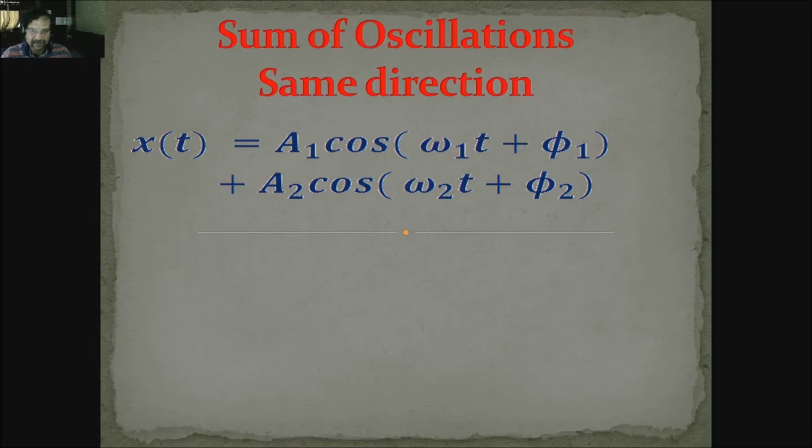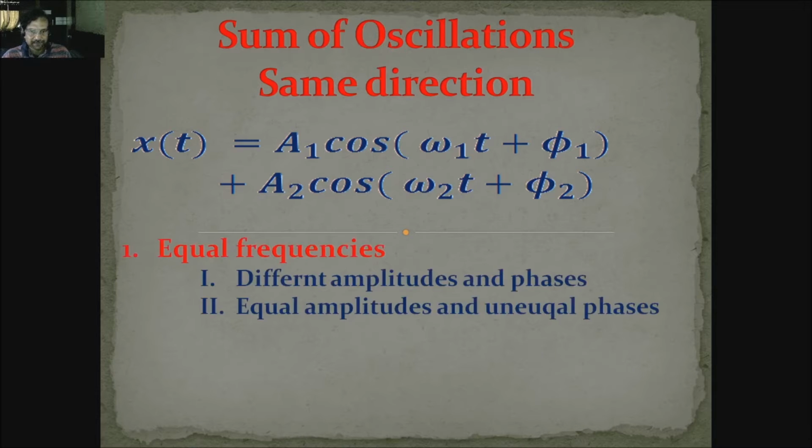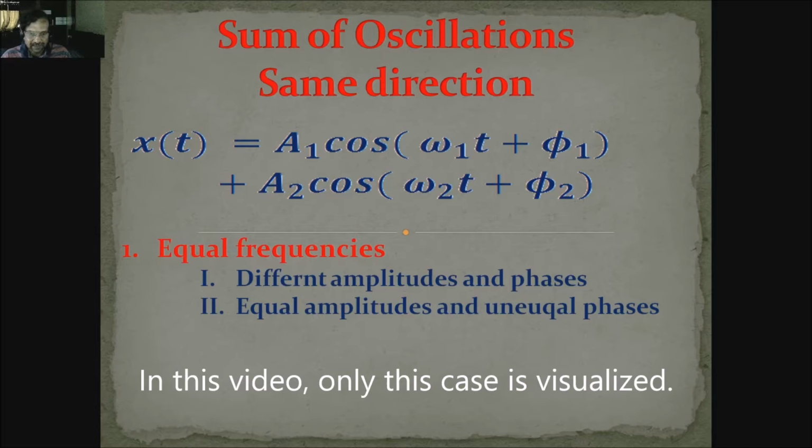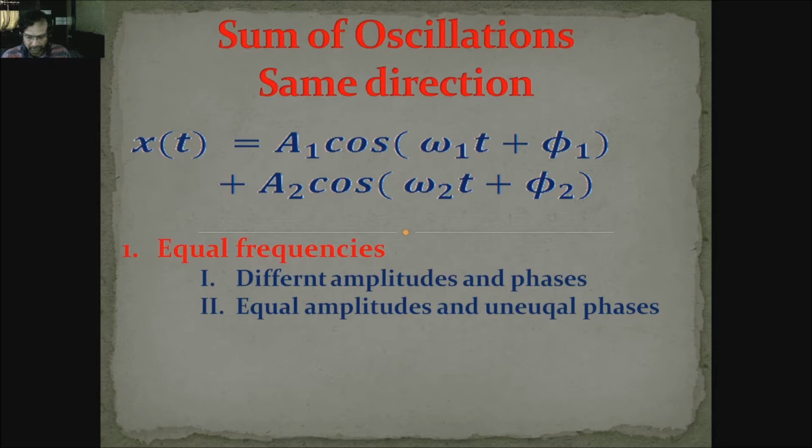In general, the combined motion can be complicated, but if we take special cases, then some interesting patterns can be observed. Also, these special cases are relevant in many topics of science and engineering. The first case is when the frequencies are equal, and within that, what happens if the amplitudes and phases are different, or what happens if amplitudes are equal and phases are unequal.